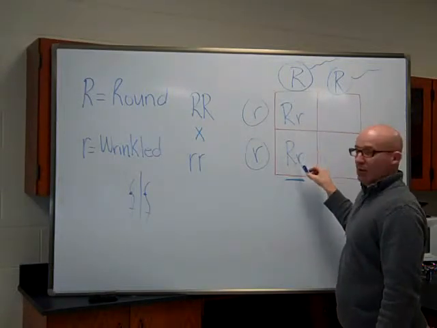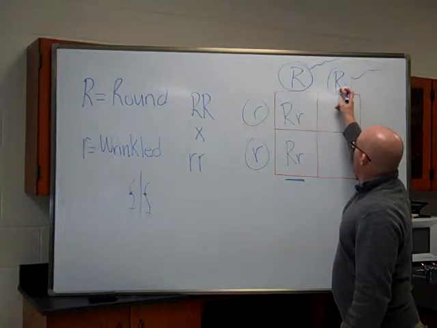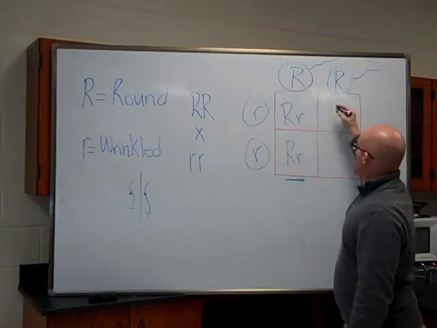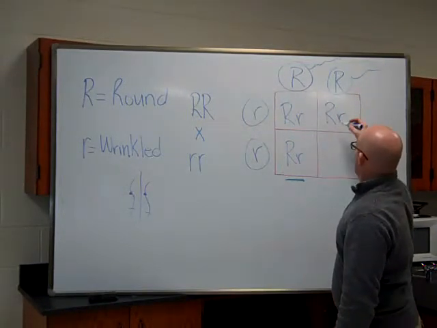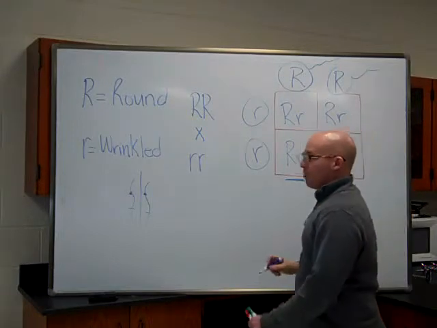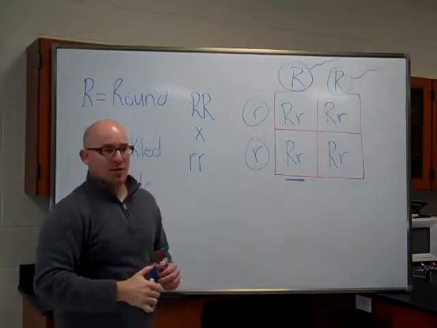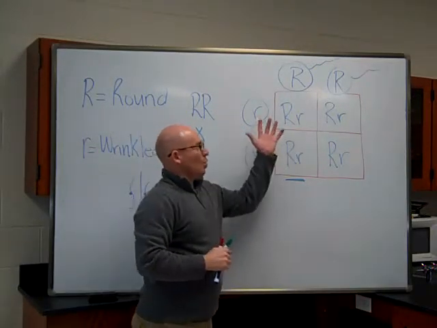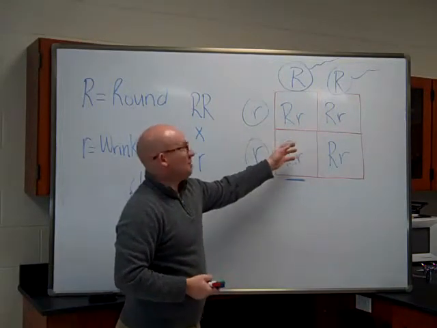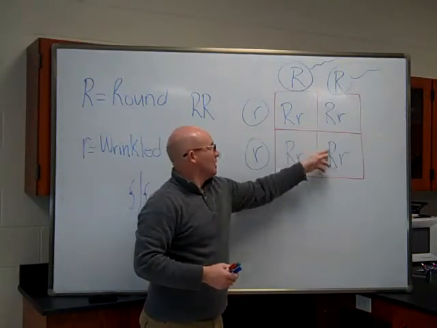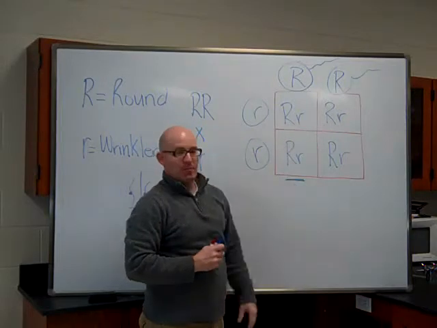Big R, little r, big R, little r. Right here, this big R now goes with this little r and this one. So we have those possible outcomes from this Punnett square. All right? So 100% of our offspring would be round with that genotype.